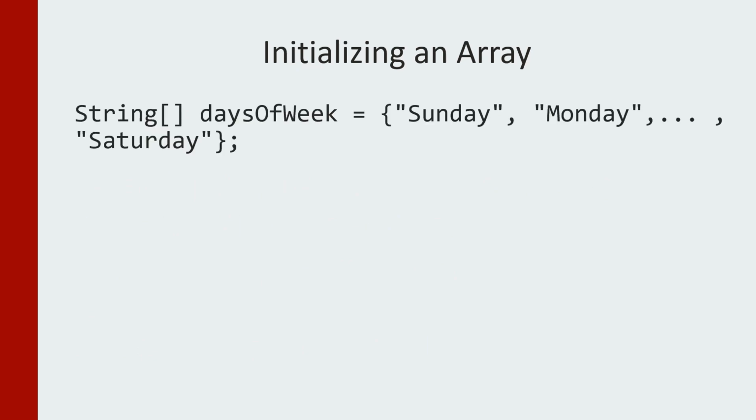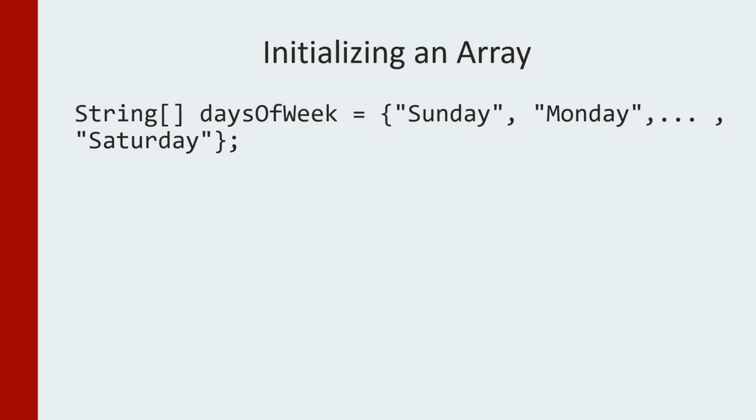A slightly faster way to do it, because I know all the values, is to use these open and close curly braces. So String open and close bracket daysOfWeek is equal to open curly brace and then each of the elements separated by commas. Sunday, comma, Monday, comma, Tuesday, and so forth until Saturday.